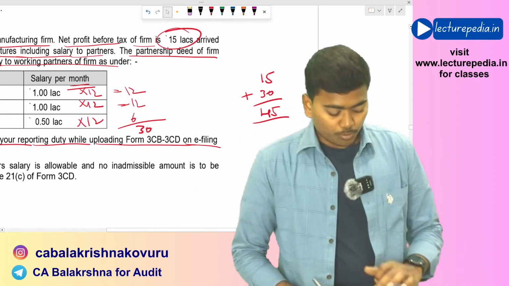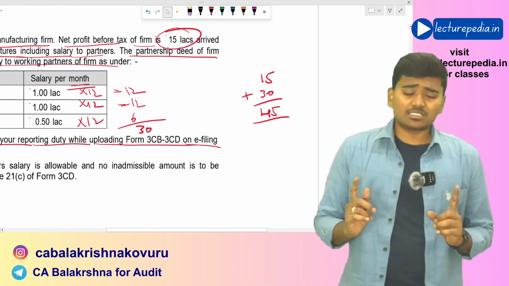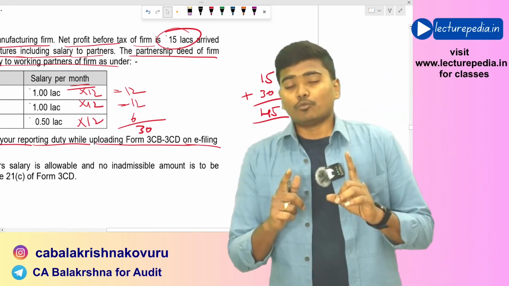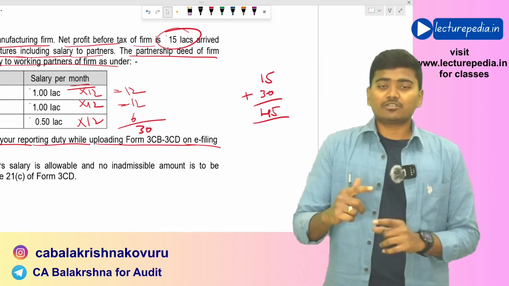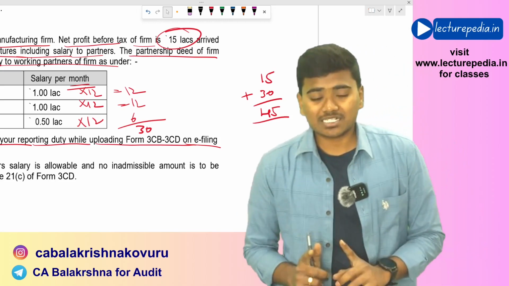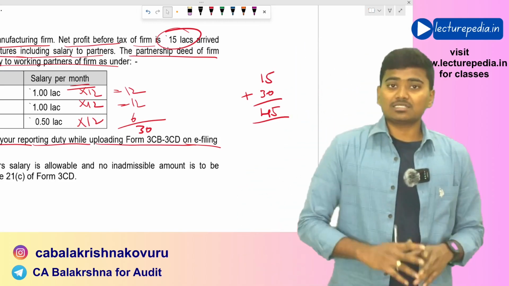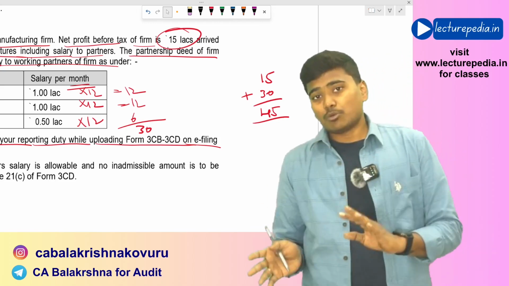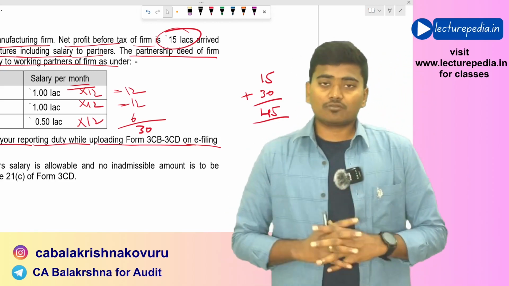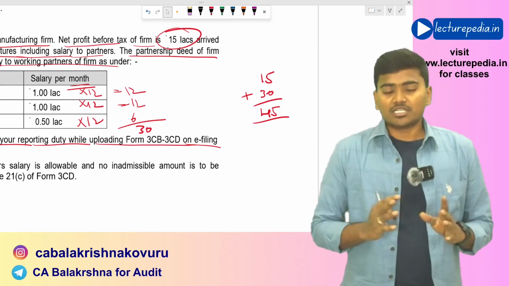Now, in the book profit, for the first 3 lakhs of book profit, 1,50,000 or 90%, whichever is higher, will be allowed as a deduction for salary to the partners. And for profit which is above 3 lakhs, 60% of the profit will be allowed as a deduction in respect of salary.